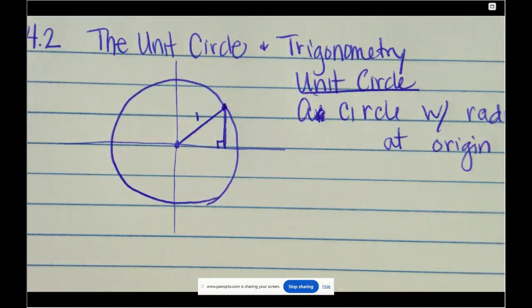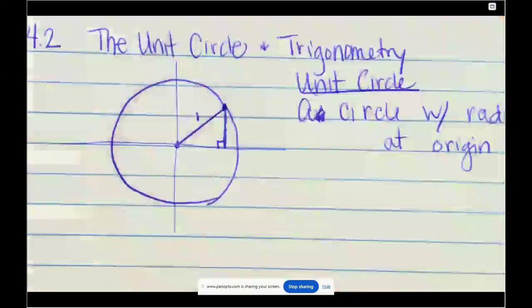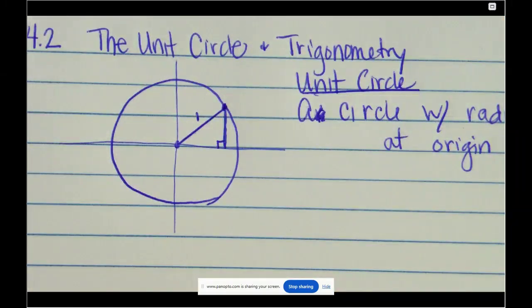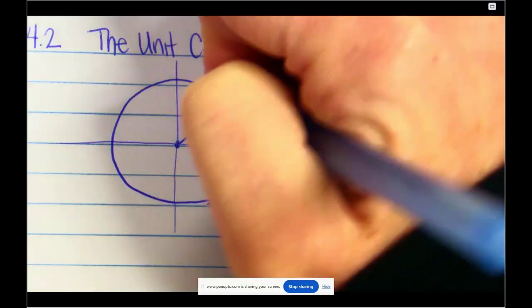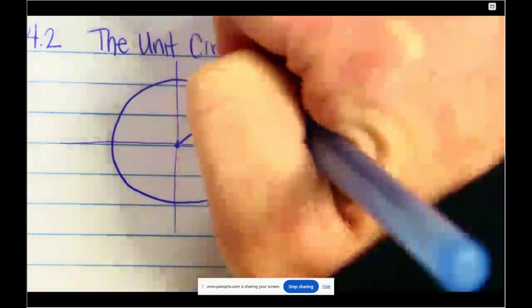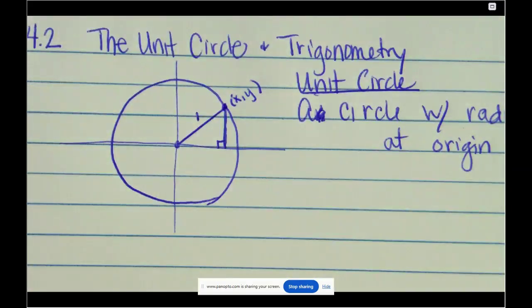Nope, because the radius is 1, it's 0, 1. This is why it's a lame question, and you can always answer it with x comma y, because every coordinate point is x comma y. It's just some generic point that we would like to use.